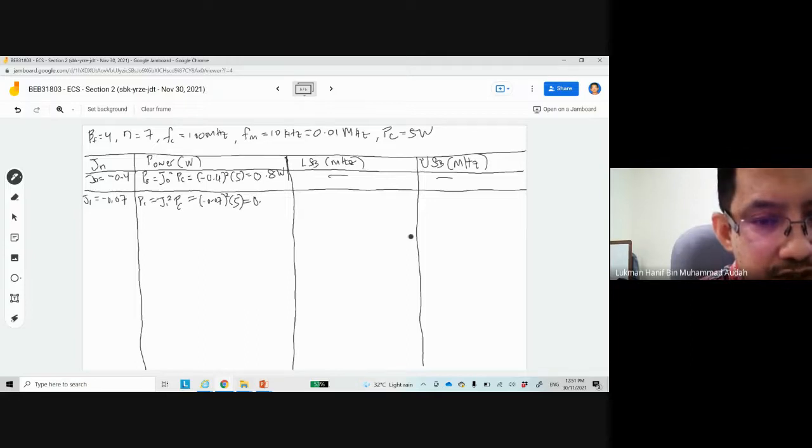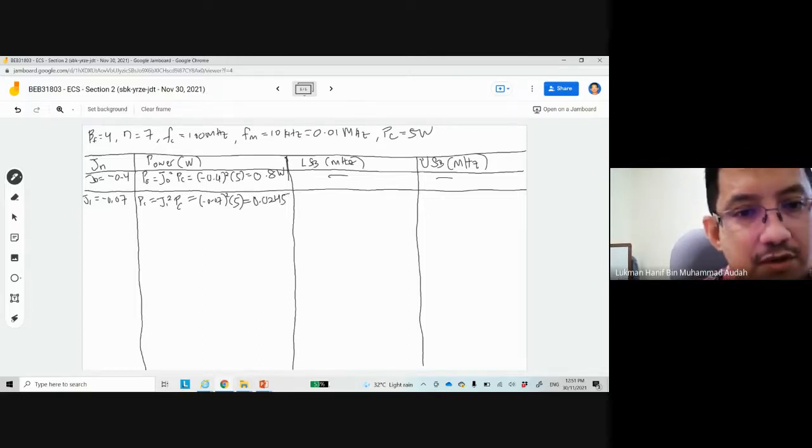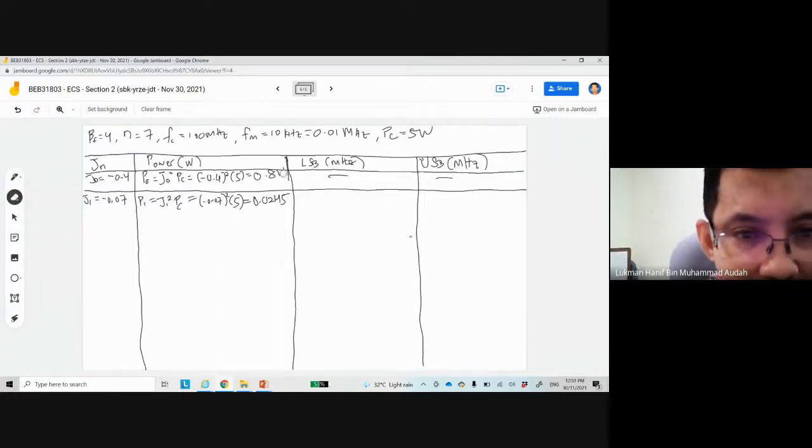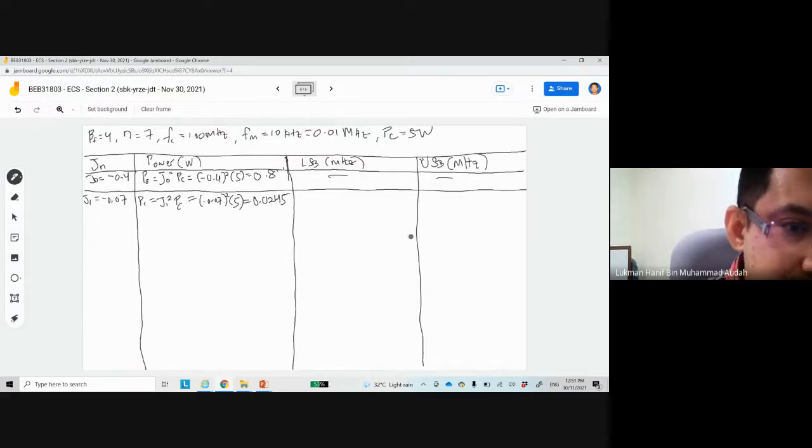Boleh cuba guna calculator. Ini unit kalau tak nak letak pun tak apa sebab saya dah letak atas ni. Ni saya padamlah. So sebab I already make this unit watt.